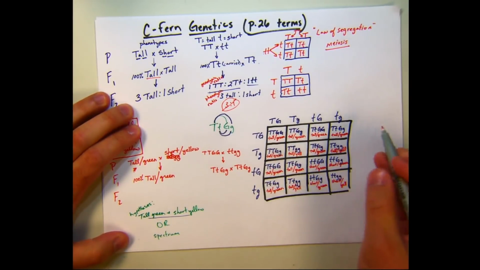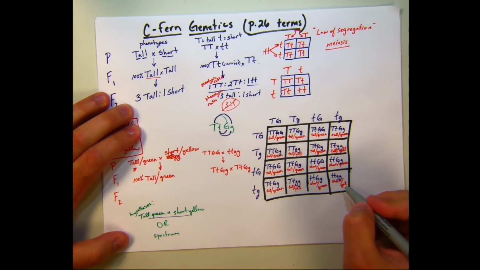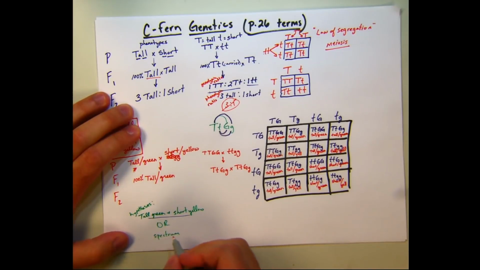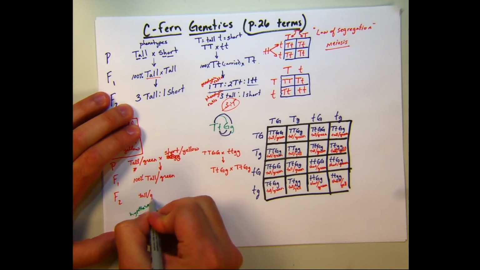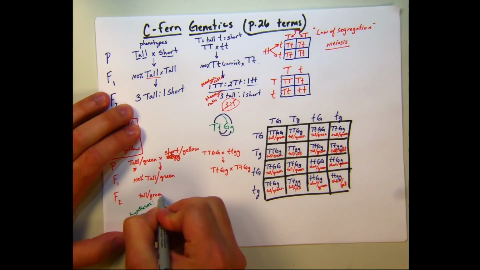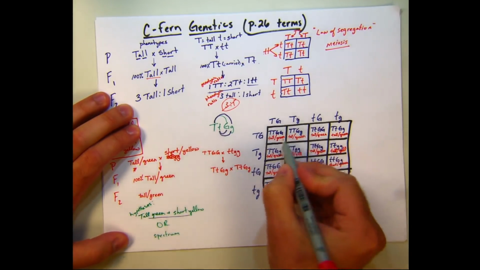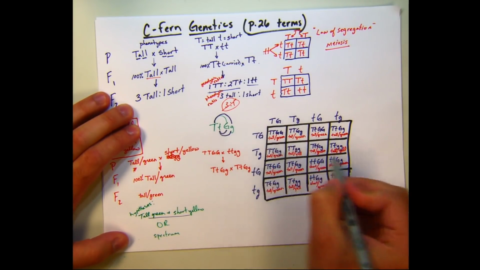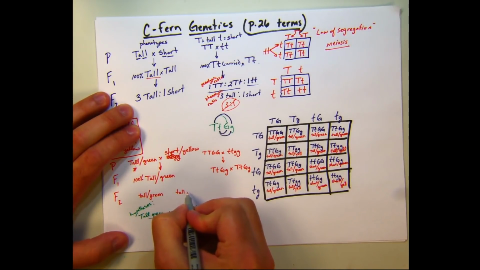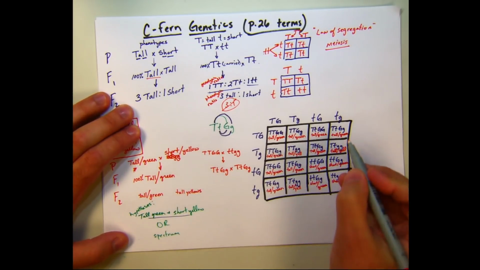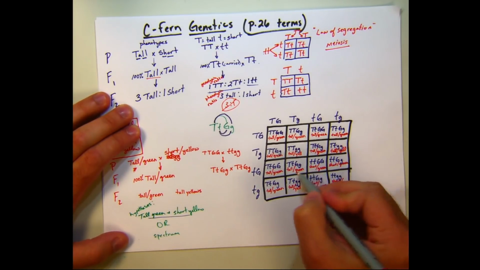Looking at all of this, what are the combinations? The spectrum, which I was referring to earlier, is going to be, let's see, you might get some tall greens. We might have some tall yellows. We may have some short greens.